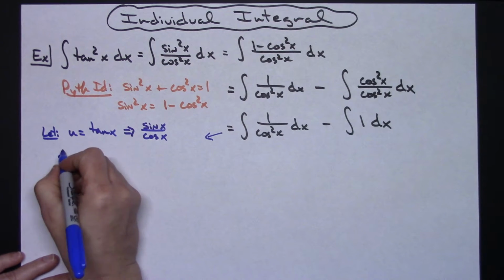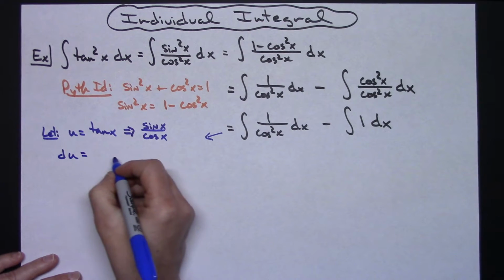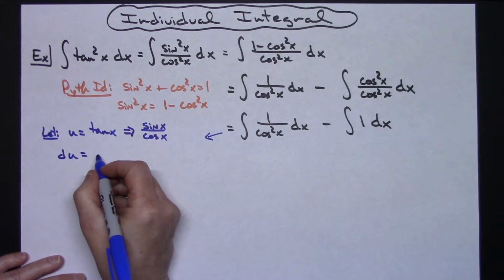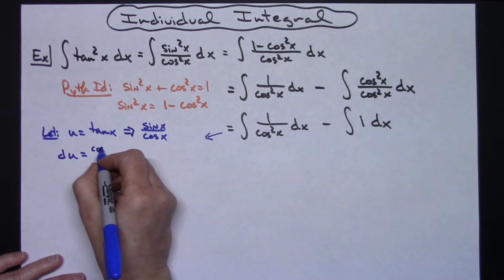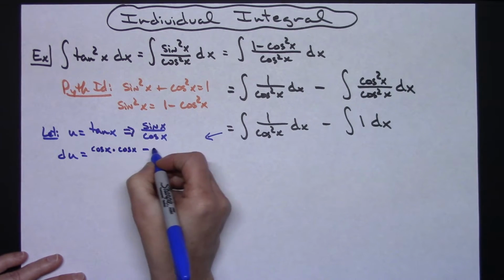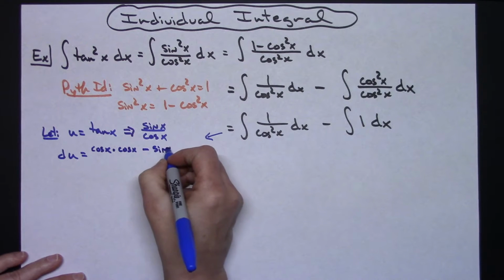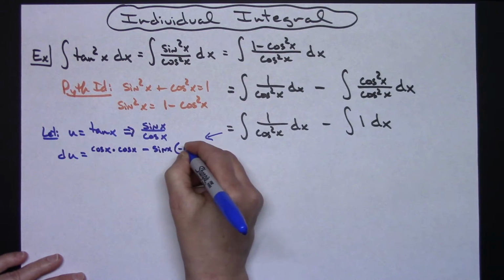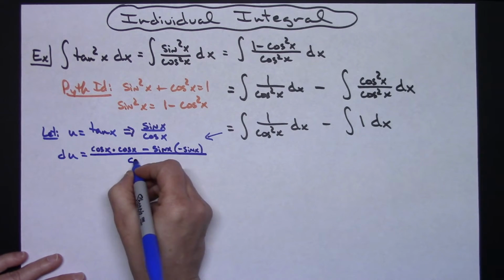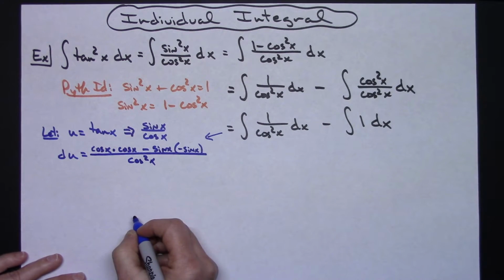So I'm going to take the derivative of both sides. du is equal to, and let's just go ahead and crank that out because that might take a little doing for some people. So cosine x times cosine x minus sine x times a negative sine x, all over a cosine squared x.